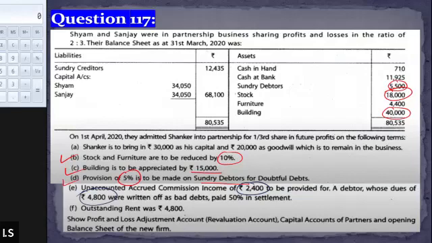All right, then. Moving on to the next item. The next item says that there is an outstanding rent of 4,800. Now see, outstanding rent is an asset, liability, expense, or a revenue? Tell me, both of you, Sania and Aman.